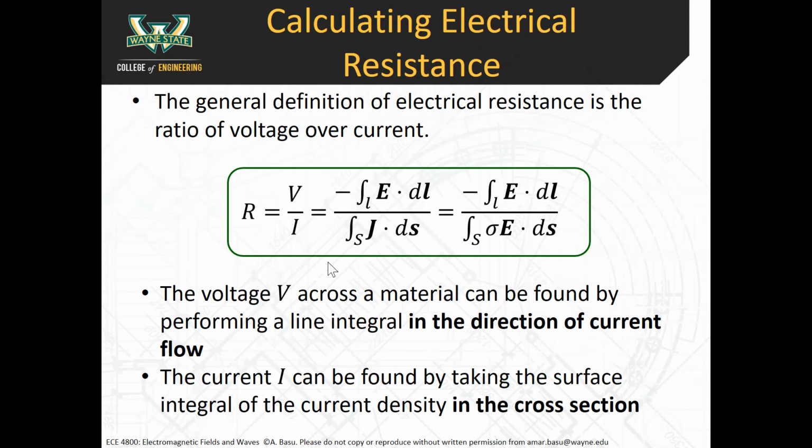So the general definition of electrical resistance is the ratio of voltage over current. V equals IR, so R is equal to V over I. In this class, we've actually learned equations for V and I. Earlier, we learned that the voltage is equal to the negative integral of E dot dl.